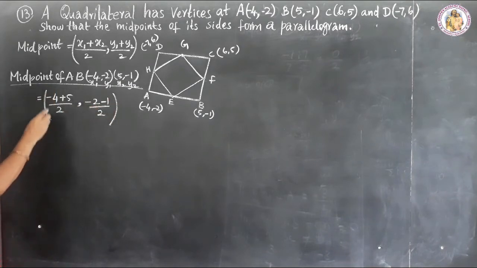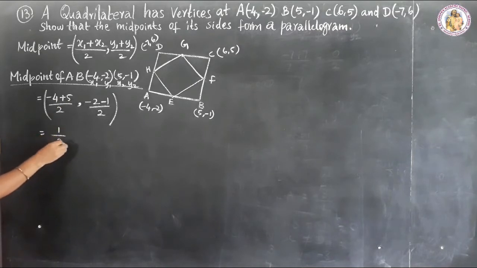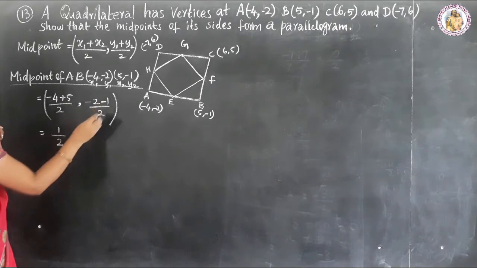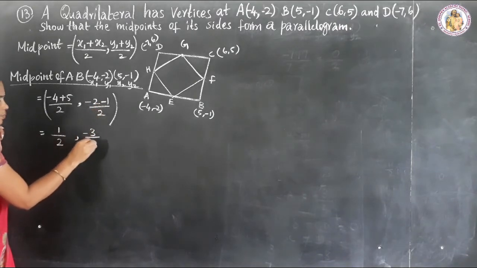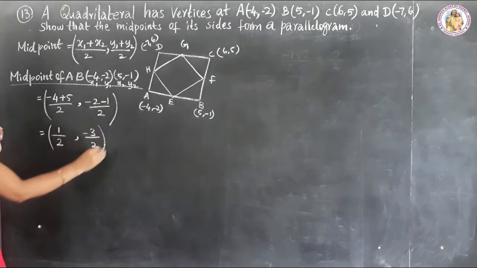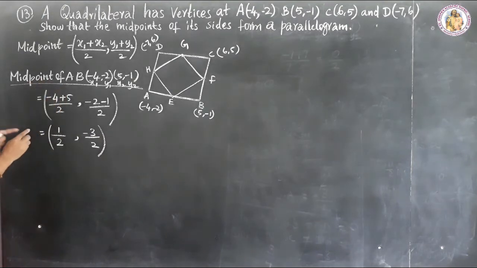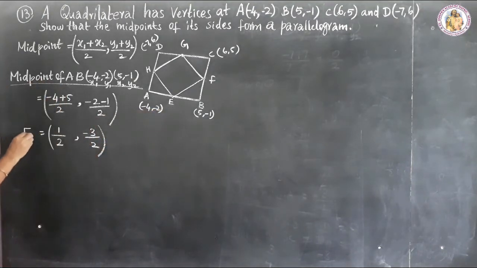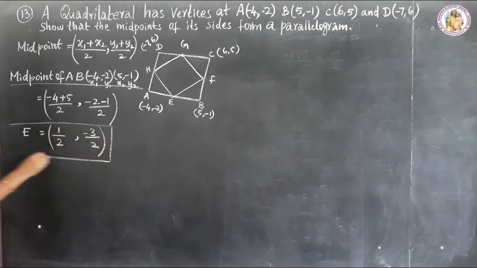The difference of 5 minus 4 is 1 divided by 2, comma same sign, minus 1 minus 2 is minus 3, so minus 3 by 2. The midpoint of AB is E, so E is equal to 1 by 2 comma minus 3 by 2.